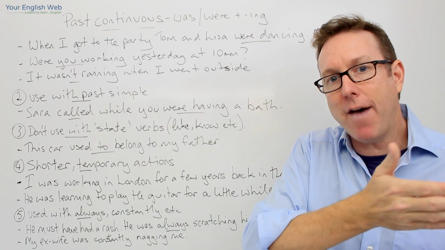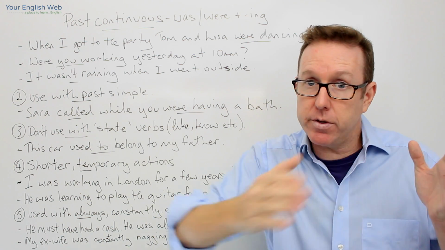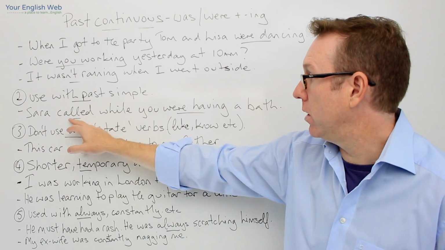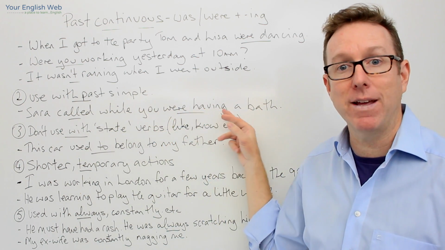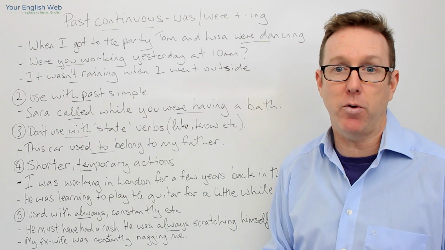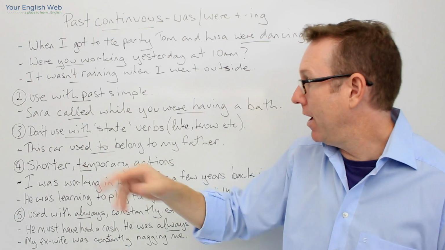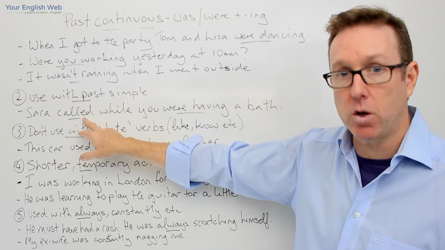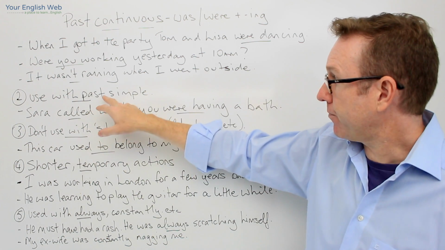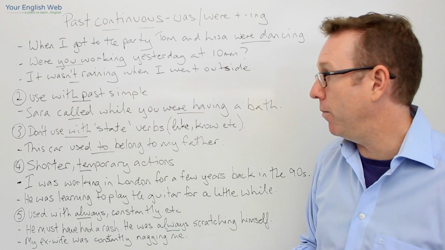So while you were having a bath in the background, Sarah, bang, called. You were in the process of having a bath, okay? That was what was going on at this particular time when she called. If you like, the background information, okay? So, use with the past simple.